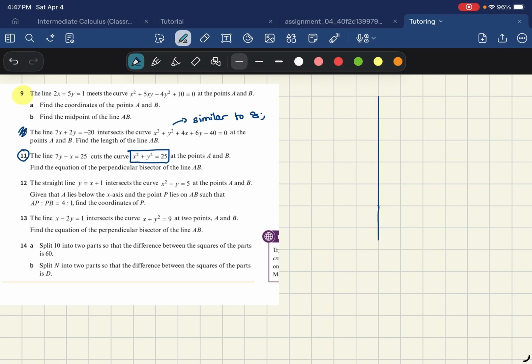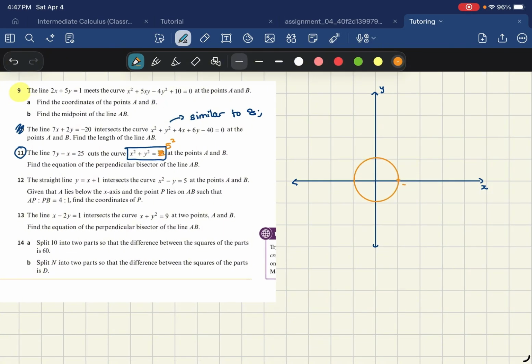Let me make this longer. If this is our x and y axes, we have something like this, a circle. And 25 we can write as 5 squared, and that is our radius. So our radius is 5.